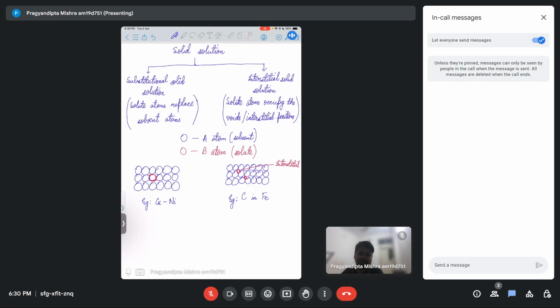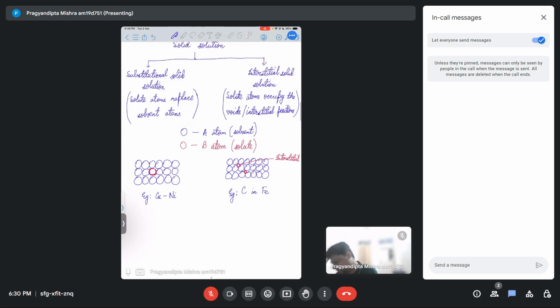Okay. So now that you have understood the types, let's understand what kind of distortion we see in the lattice due to the solute atoms. Essentially, that distortion is what will set up some sort of stress field that will affect the dislocation motion, right? So we need to understand what kind of distortions we'll see.